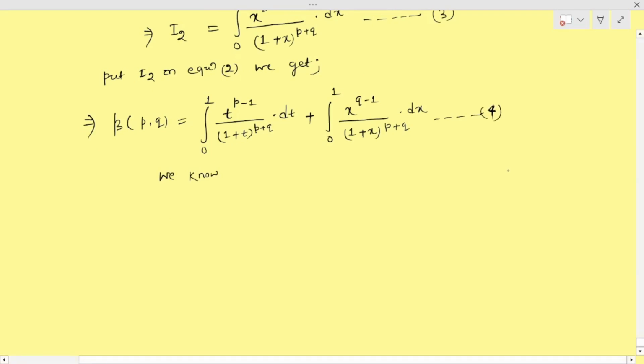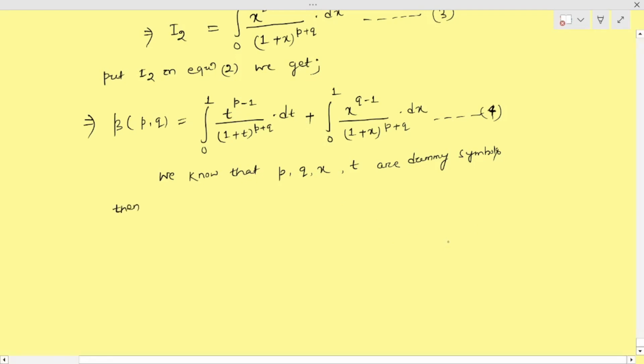Okay, we know that p, q, x, t are dummy symbols. So here instead of x we can write y, we can write z. t also can be written as y, z. Instead of p we can write m, n. So in equation number 4, in the first integral, instead of t we can consider x.